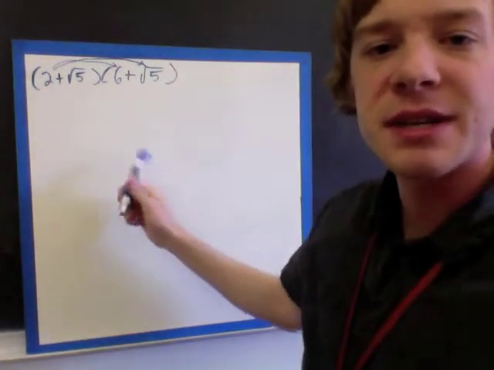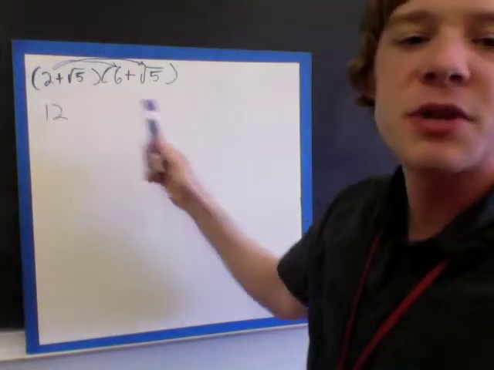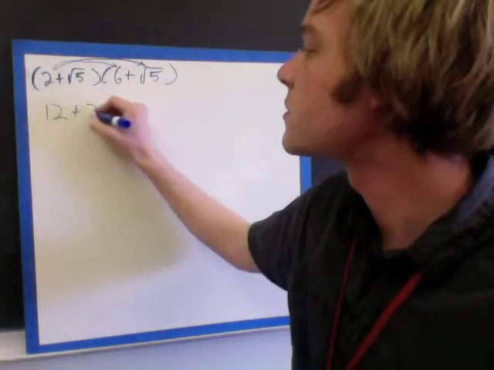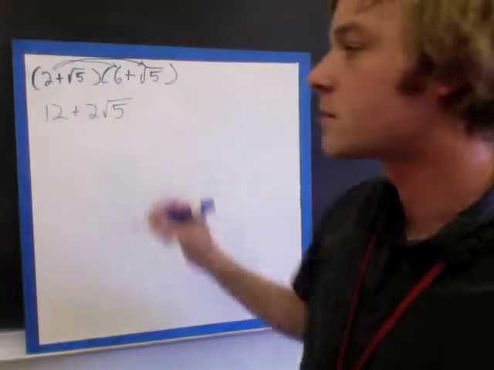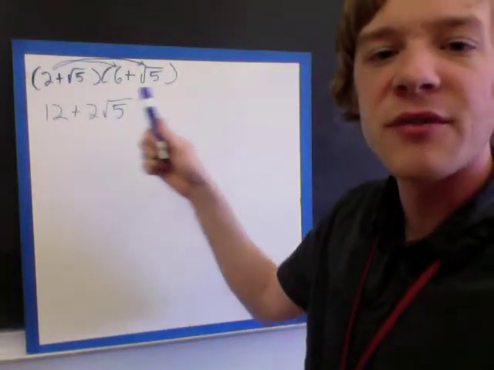So 2 times 6, first off, that gives us 12. And 2 times the square root of 5 will be 2 square root of 5. So that takes care of my 2, and now I need to multiply the square root of 5 over here.